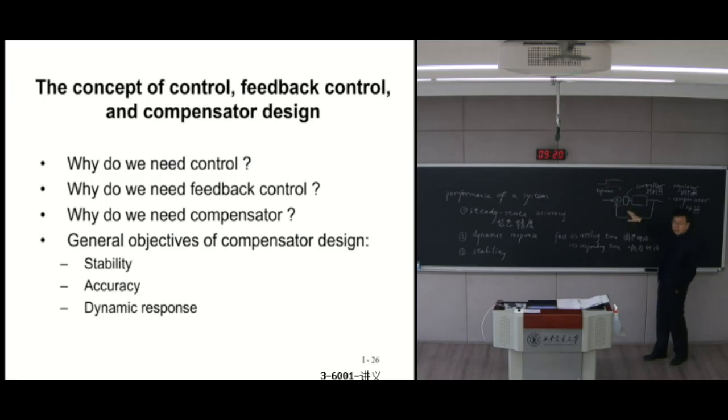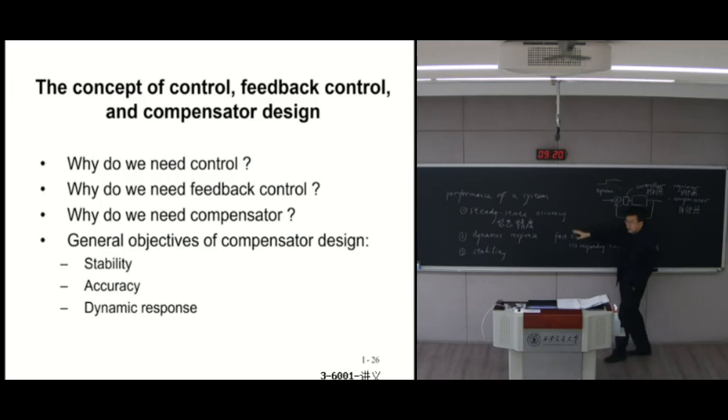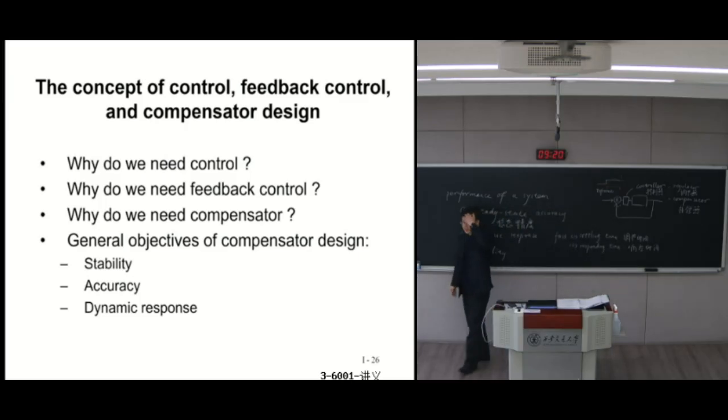First, to check whether, if the system is already there, with everything fixed, structure and parameters all fixed, then we check through some mathematical tools whether the system has good performance: whether it is going to be stable, whether it is going to have good steady state accuracy, whether it has very good dynamic response.